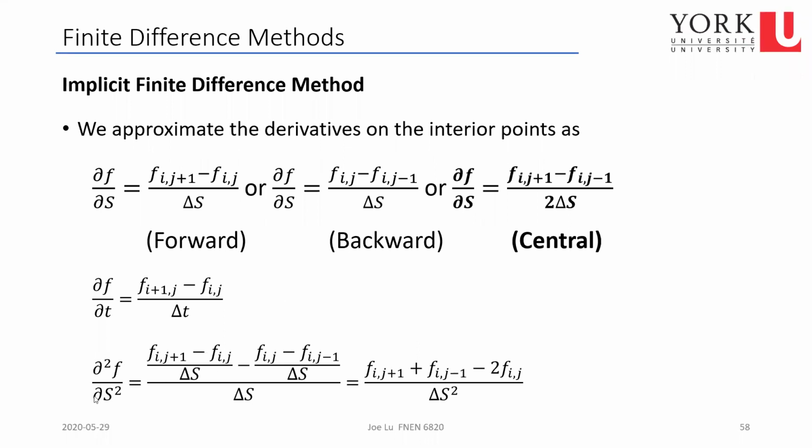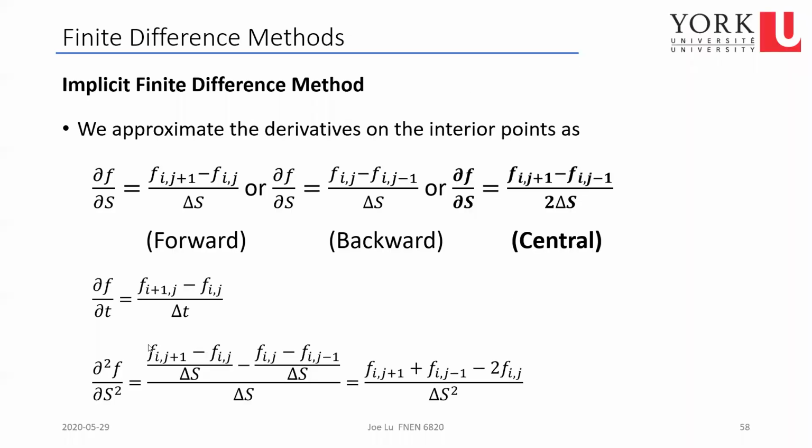And the second partial is really the difference between the first partial calculated with the forward and the one calculated with the backward approach. You take the difference and divide by delta S. So it's the change of the partial derivatives, sorry, not the change of time, the change of the stock price.